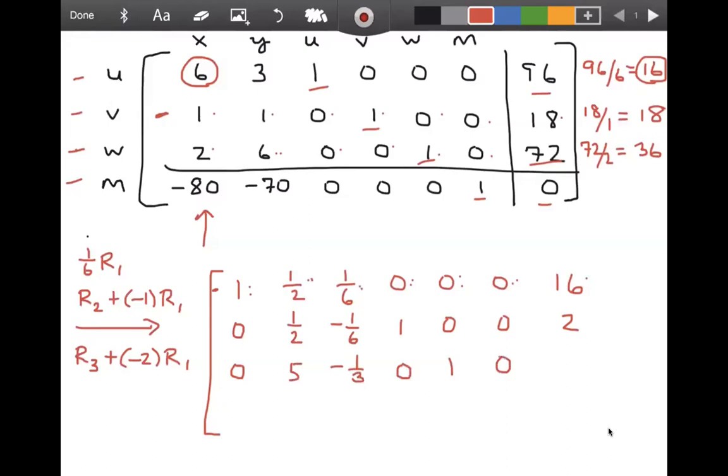And 72 plus -2 times 16 is 72 plus -32, which is 40.